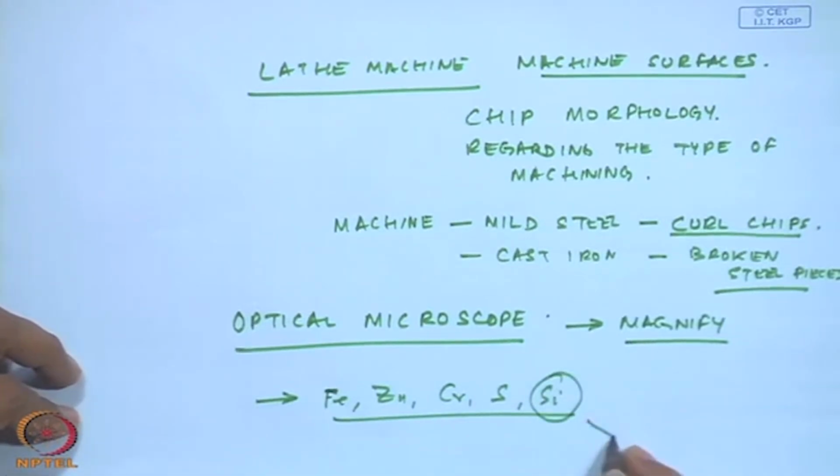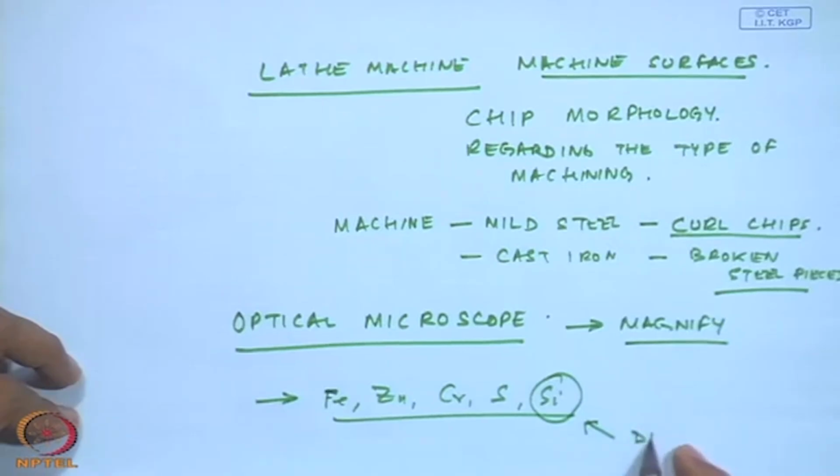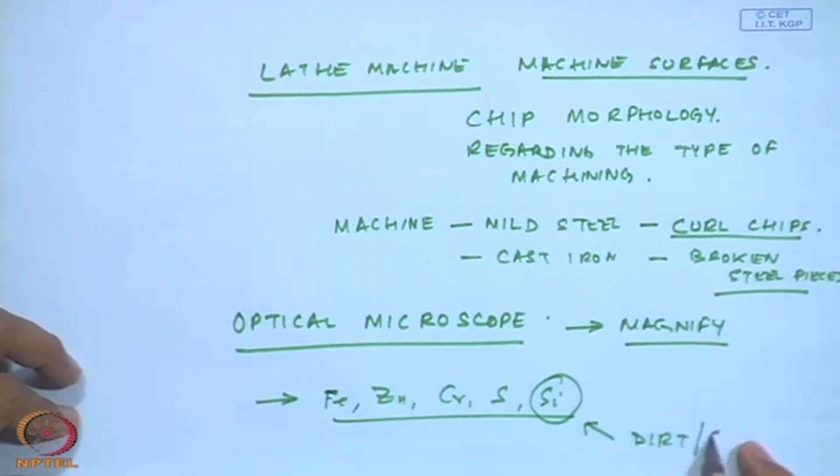Okay. We know, for example, a good example is silicon. The sand grains or the dirt actually have silica. Suddenly in the contaminants I find a lot of silicon or sand grain coming up, I will know that a lot of foreign dirt has gone into my machine. Okay. So, these are telltale signs.